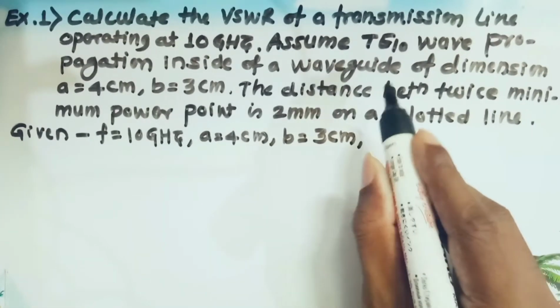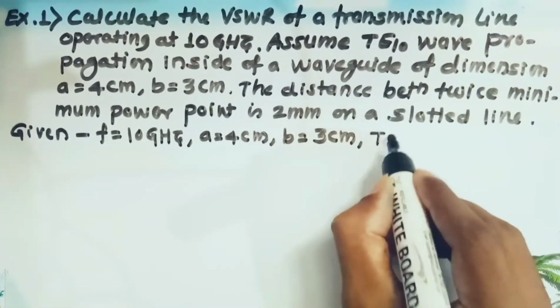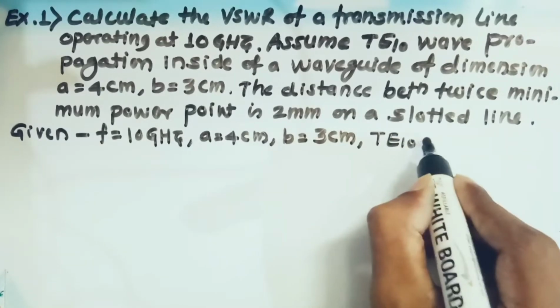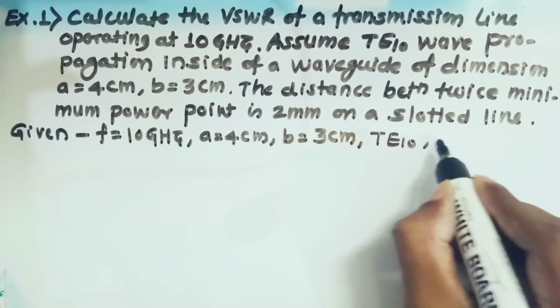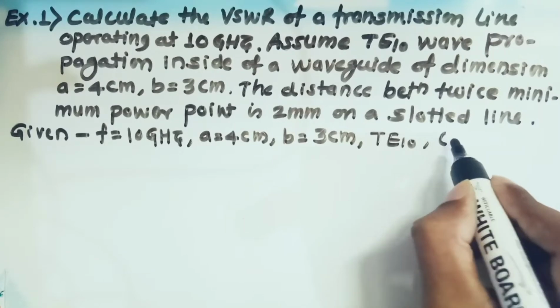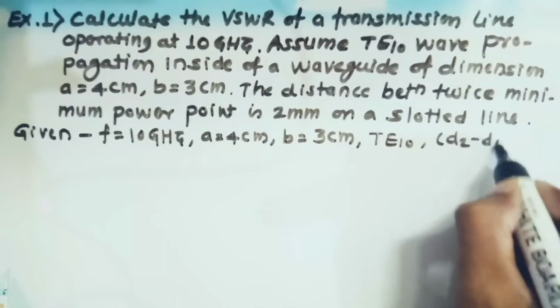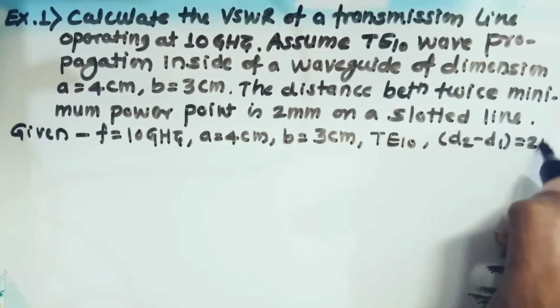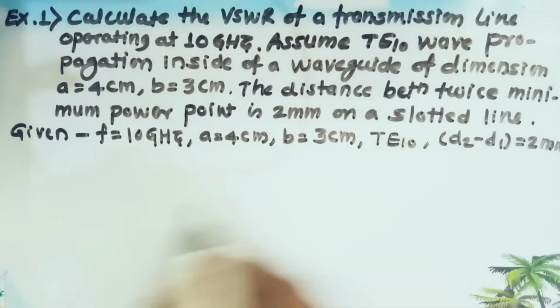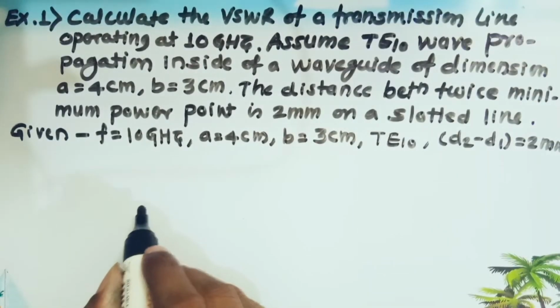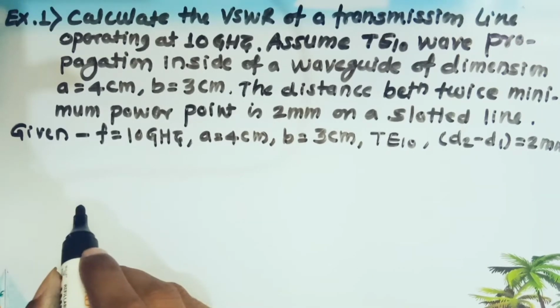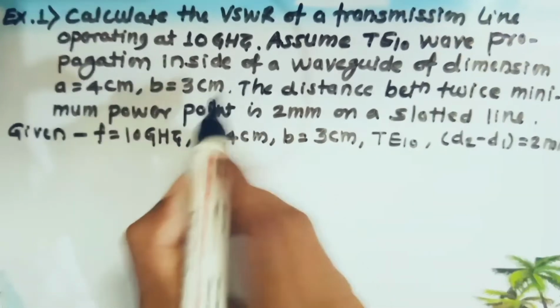Then the TE10 mode is given, and the twice minimum power point is given, that is D2 minus D1, that is 2 mm. Now we have to calculate the VSWR.